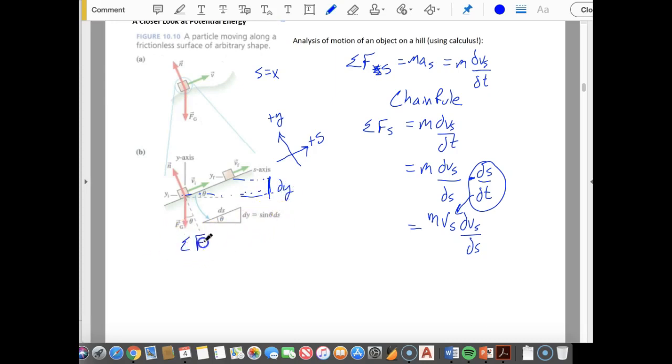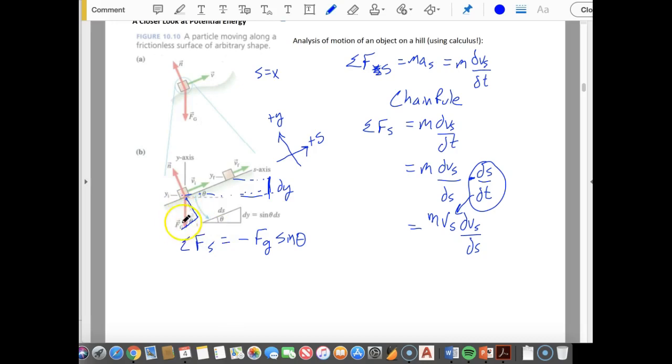So the sum of the forces in that direction is equal to negative, and this is the force due to gravity, times the sine of the angle. So why is that? It's because, remember, when we draw our triangle here, we have the force due to gravity, which is mg, and then over on this side, we have, well, it says sine of the angle.